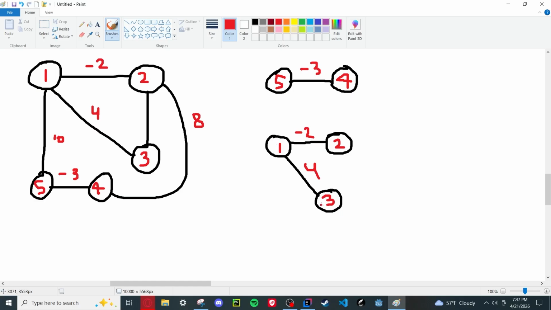Now let's just connect it, 1 tree. Okay, what is the next lowest? It's going to be 8. Can I connect this without making a cycle? Yes, I can. The next lowest is 8. And then here we just stop.